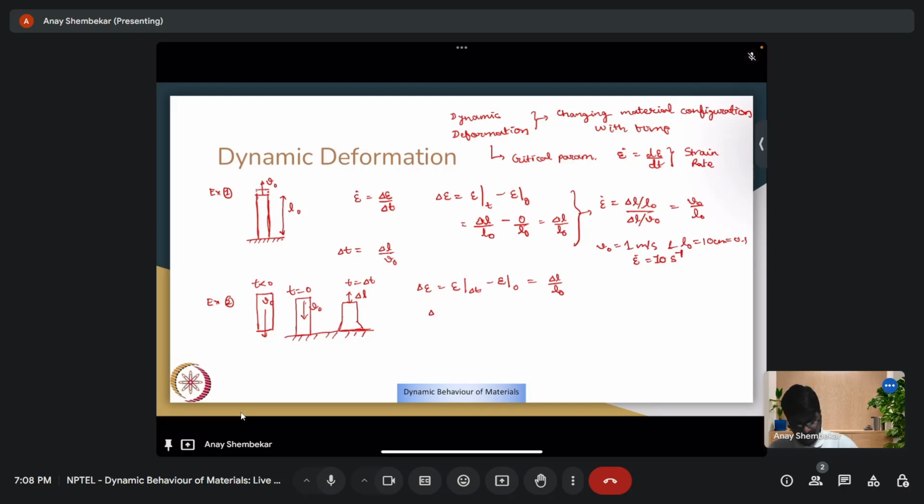Delta t we have to determine. So how do we do that? We use kinematic equations. If you remember, we have three equations of kinematics, and we do this by assuming constant deceleration.